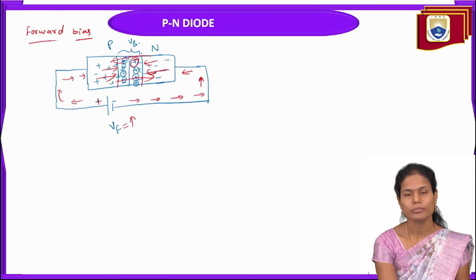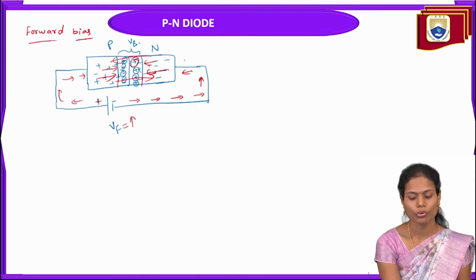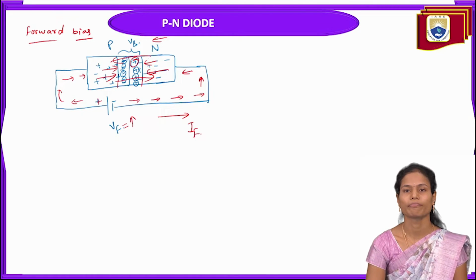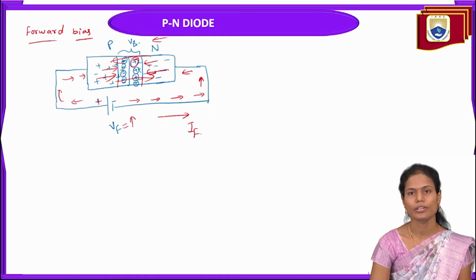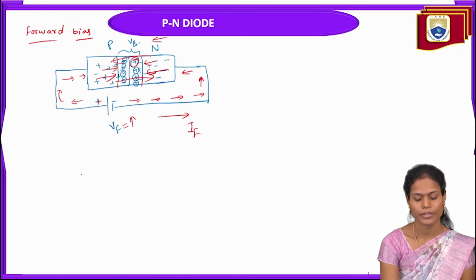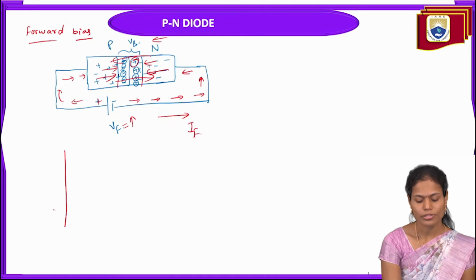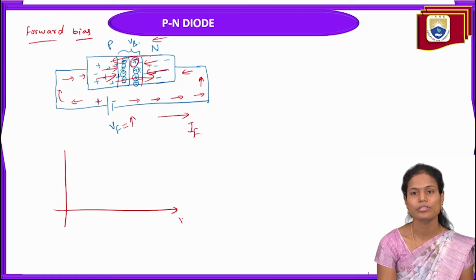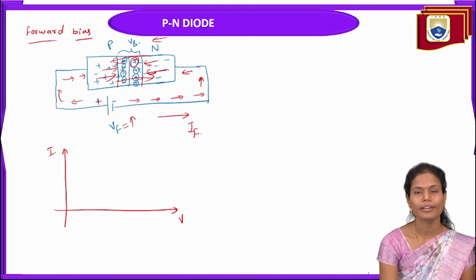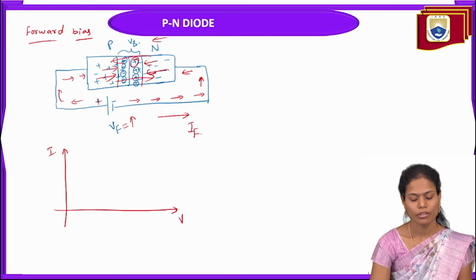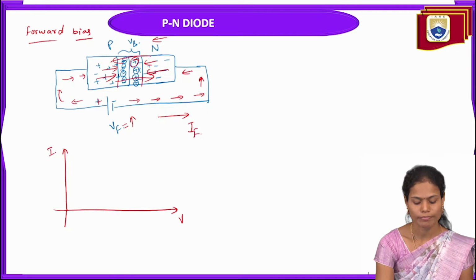In this case, the electron flow is in this direction, so the current direction is in this direction, I. In the forward bias condition, if we see the voltage versus current characteristics of the diode, we will get it like this.